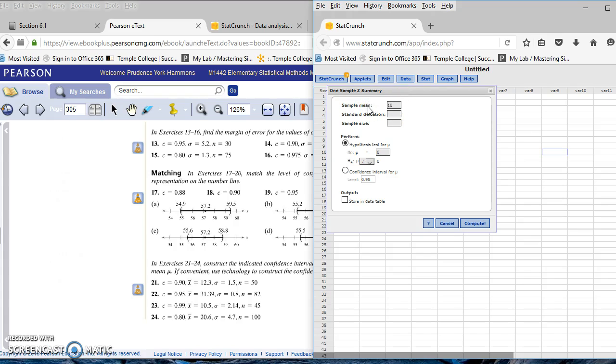10.5. The standard deviation was 2.14, and the sample size was 45. We're doing a confidence interval, and the level of confidence that we're looking at is C equals 0.99.